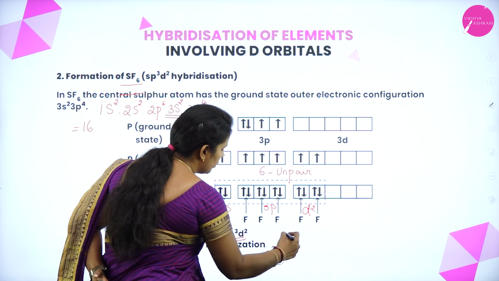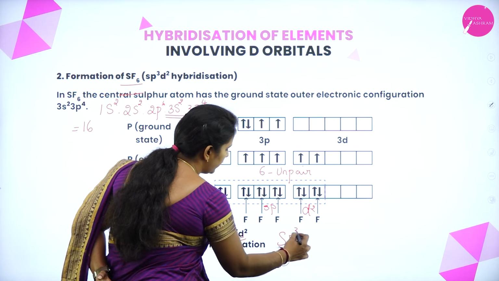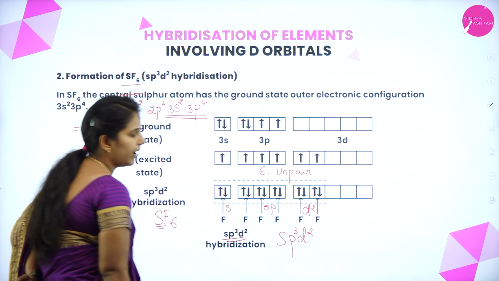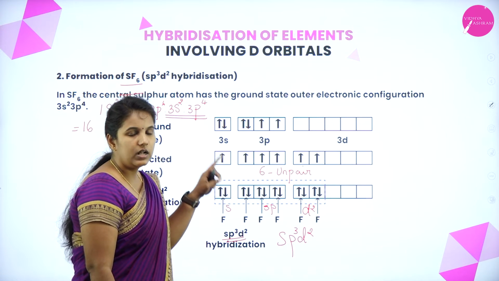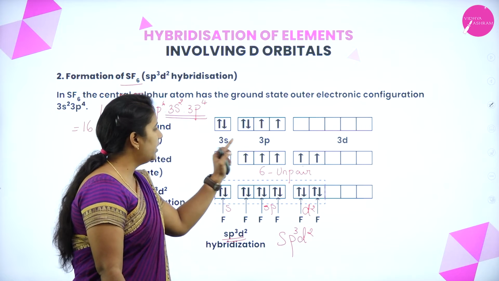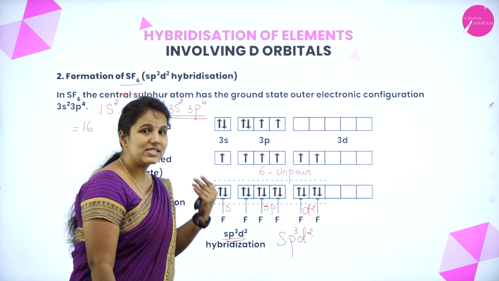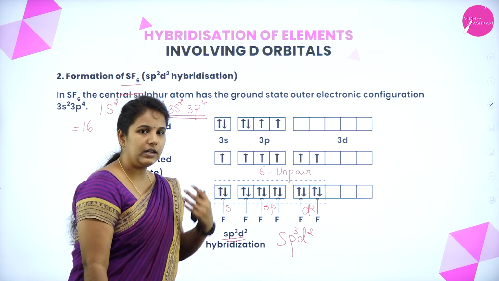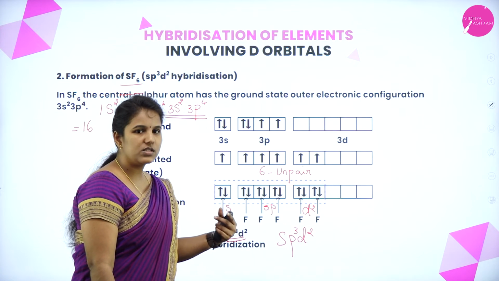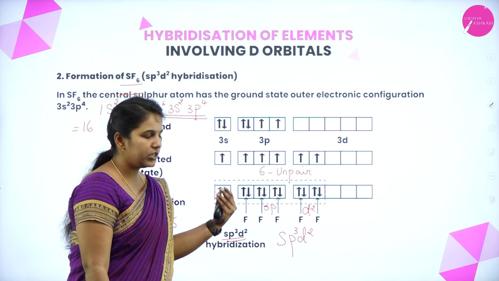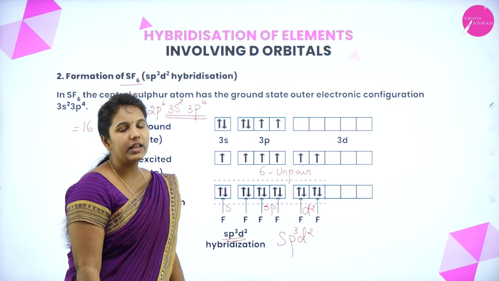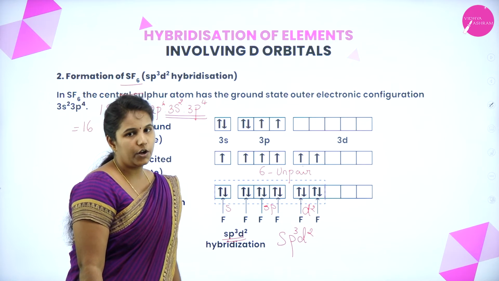Is it right? So hence it is named sp3d2 hybridization, where during the excited state, 1 electron from the 3s and 1 electron from the 3p got excited and moved towards the d orbital. As a result, the d orbitals are also involved in this hybridization and result in the formation of sp3d2 hybrid orbitals.